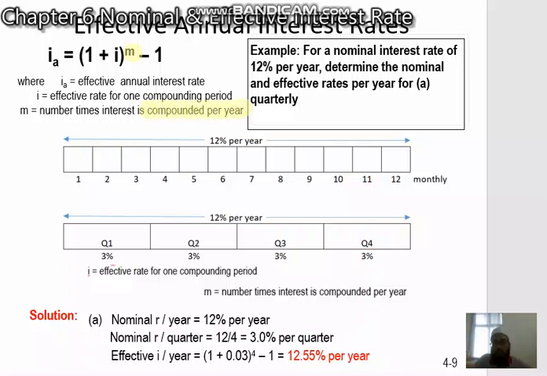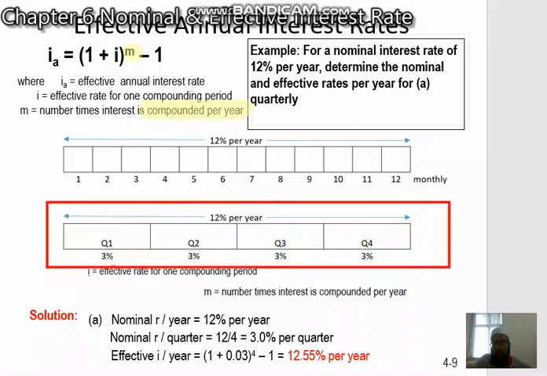In this cash flow diagram, there are 1, 2, 3, 4 compounding periods in a year. So M is equivalent to 4.